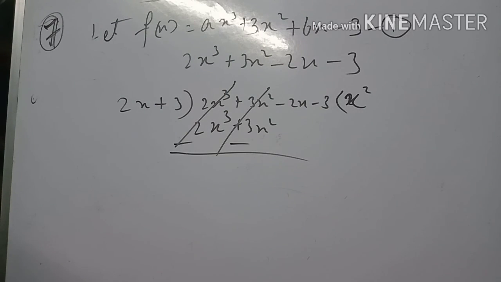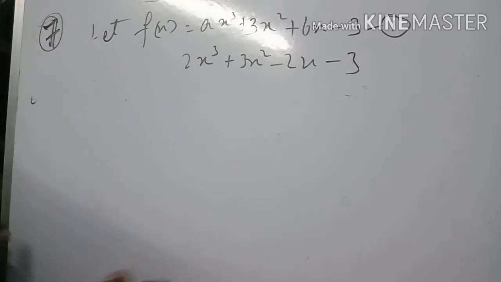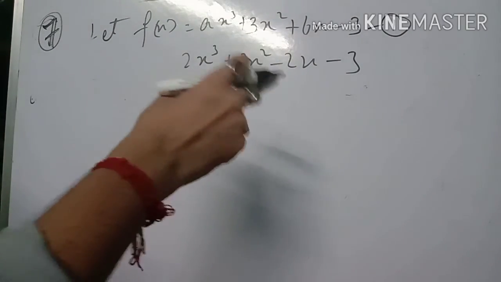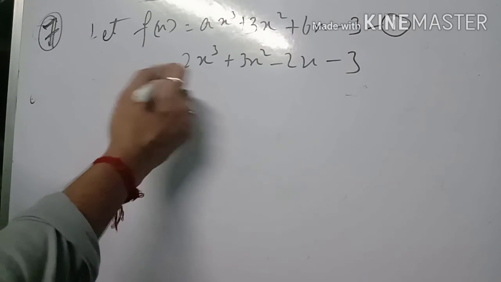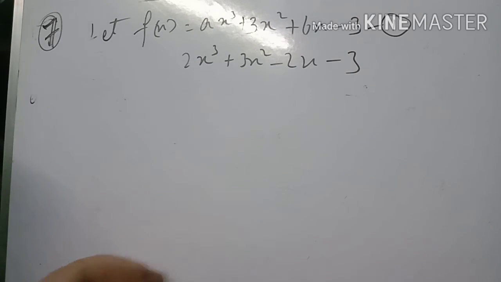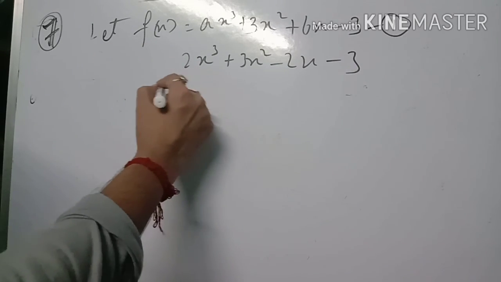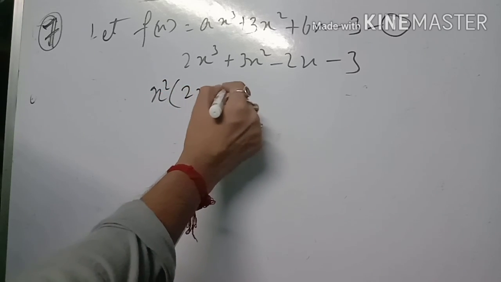We need to bring both of them together. We need to factorize this: 2x cube plus 3x square minus 2x minus 3. Let us factorize it. What's common between them? Here x square is common, so it will become 2x plus 3.